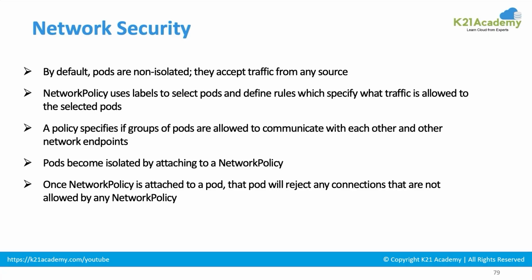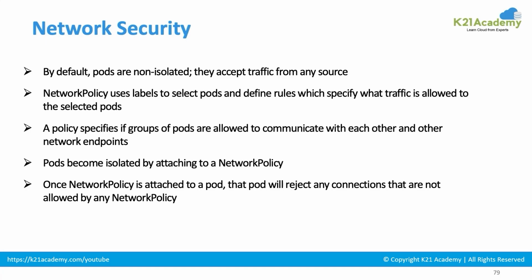In this way, I'm isolating a pod and saying that the incoming traffic is coming only from the specified IP address, or from the specific subnet, or from a specific pod itself, right? So you are attaching a policy and restricting the incoming or outgoing traffic.